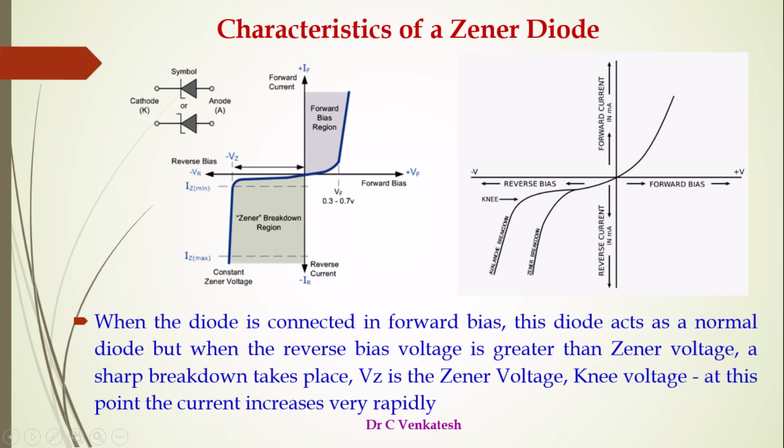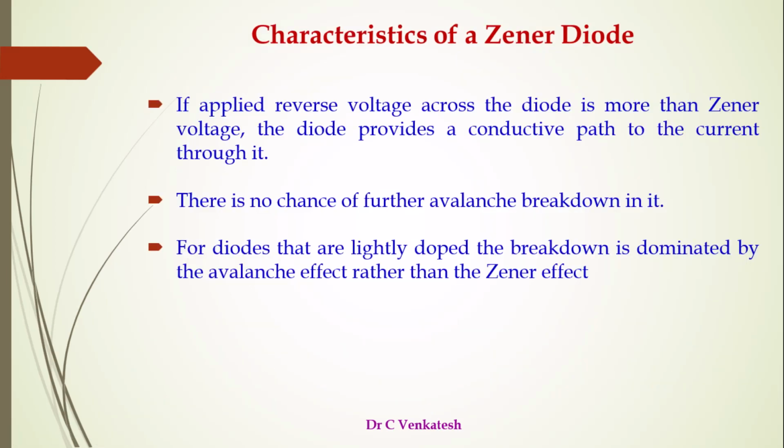Another characteristic we have, in the reverse bias state, is the Zener breakdown and avalanche breakdown. The avalanche breakdown is not as sharp as the Zener breakdown. We can see the knee voltage in the other graph. The voltage VZ is the Zener voltage. At this point, the current increases rapidly.